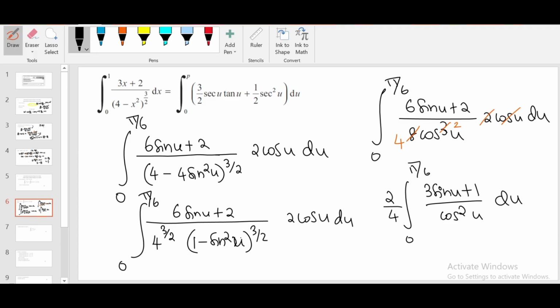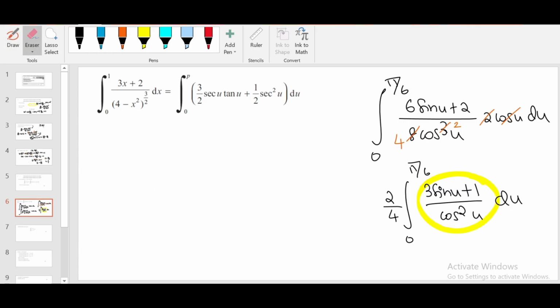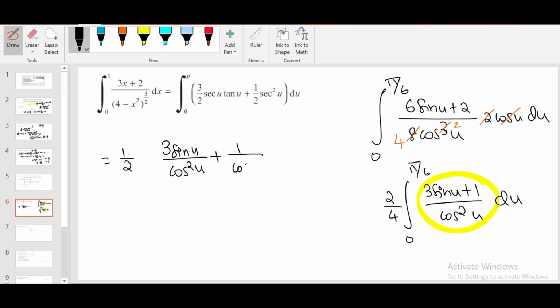Then split this into 3 sine u over cos square plus 1 over cos square. So we will get 1 over 2 outside, 3 sine u over cos square u plus 1 over cos square u du.